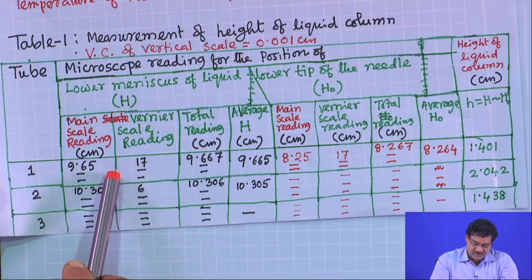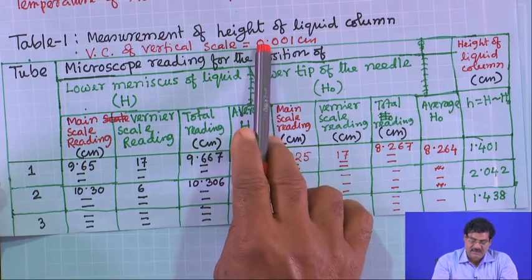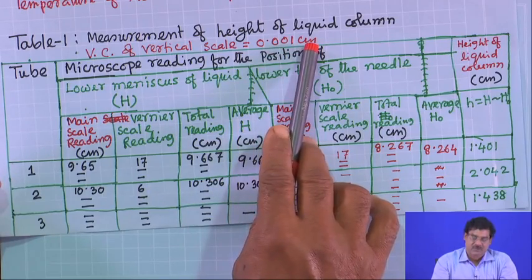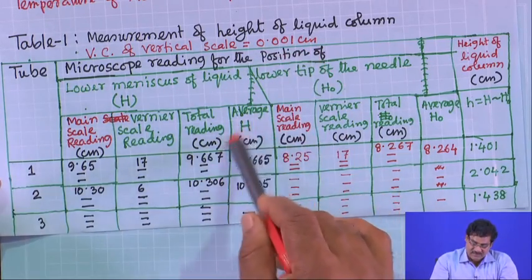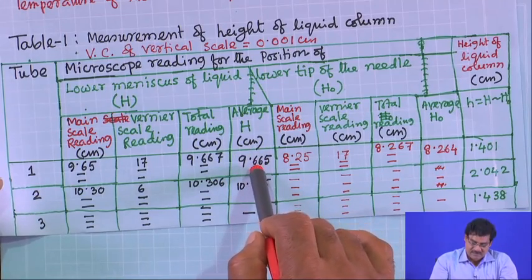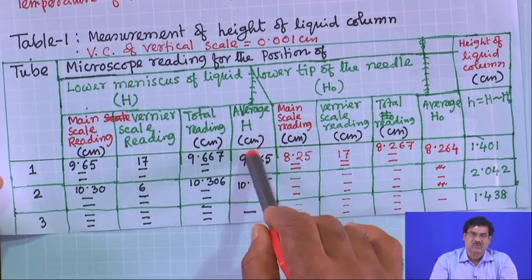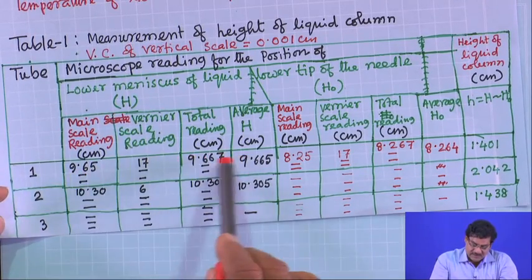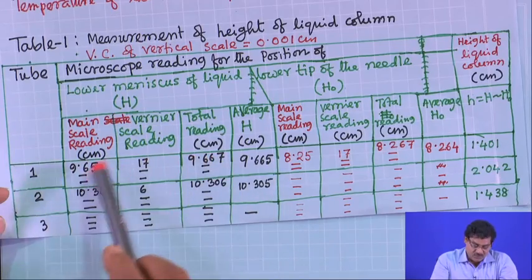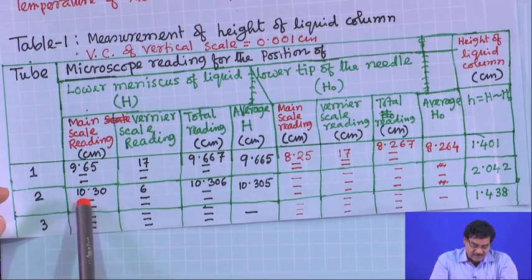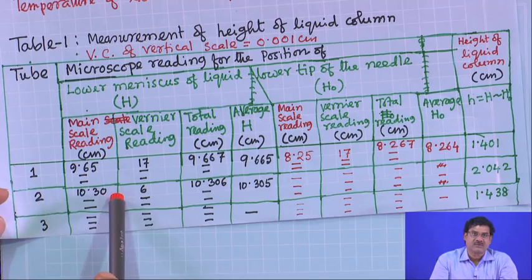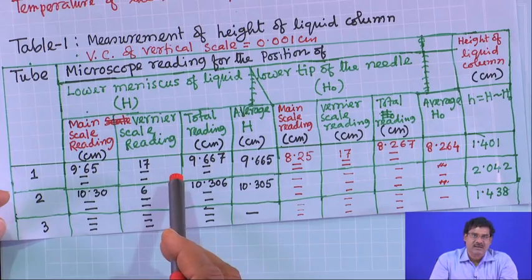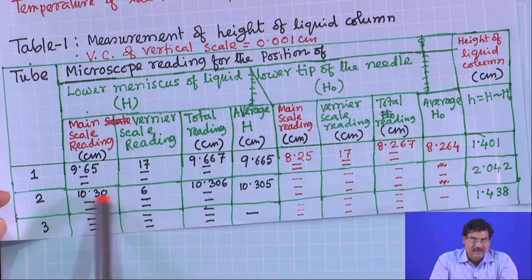But using the vernier scale, we can get accuracy up to 3 digits after the decimal. So, you should not put, say, 10.3 for 10.30. Most of the time we write 10.3, but that is not the correct way to write it. If you have to write, you have to maintain up to 2 digits.